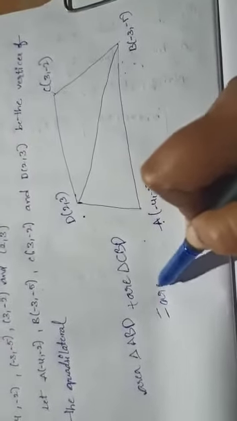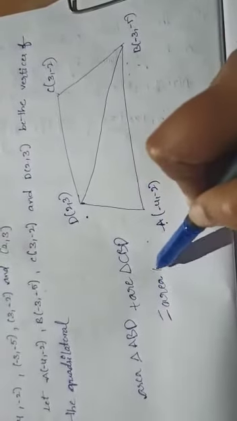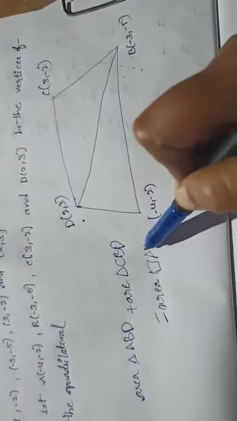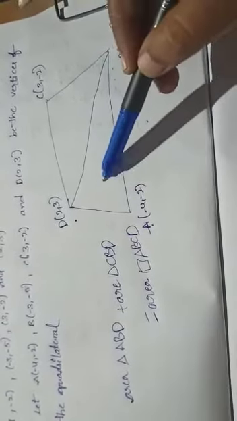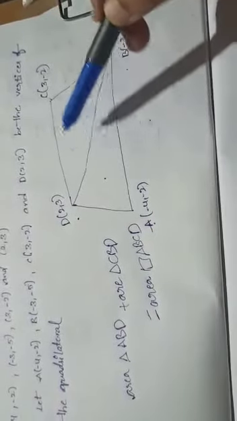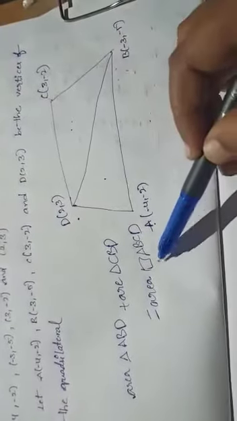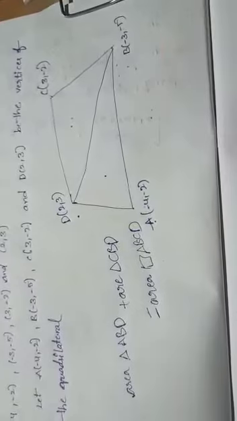The sum of these two triangles' areas is equal to the area of quadrilateral ABCD.